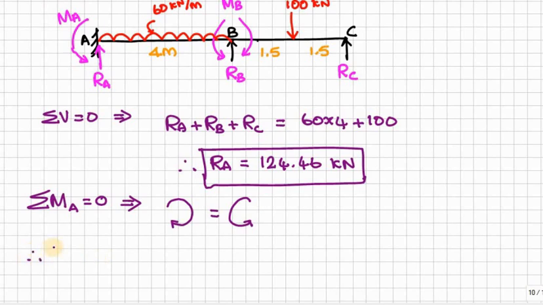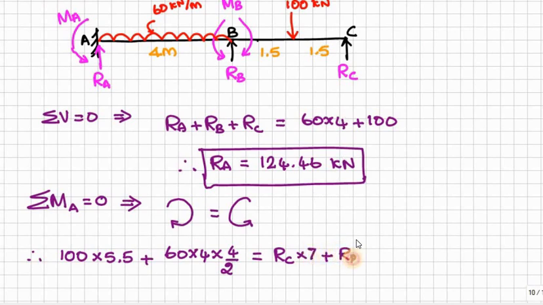Therefore, 100 into 5.55 about A point, that means making clockwise moments. Then 60 into 4 into 4 by 2, also clockwise moments, is equal to RC into 4 plus 3, 7 meter, then RB into 4 meter.